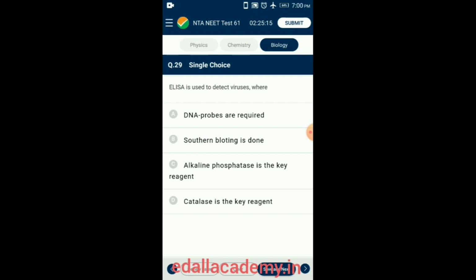The commonly used enzymes are peroxidase and alkaline phosphatase. Southern blotting and DNA probes are used in molecular analysis of DNA. Catalase is not involved in ELISA. So the answer for this question is option C. Alkaline phosphatase is the key reagent.